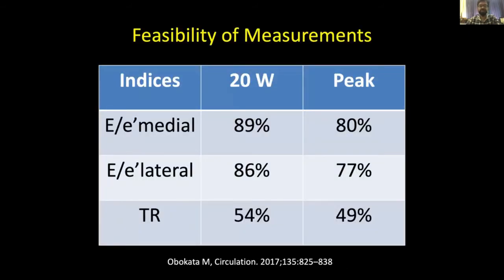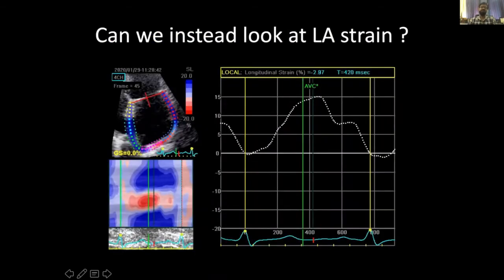These are feasibility studies which have shown that at peak exercise, these levels go as high as around 54 to 49%. But this is a very difficult entity, and we may not have access to exercise. It may be cumbersome.